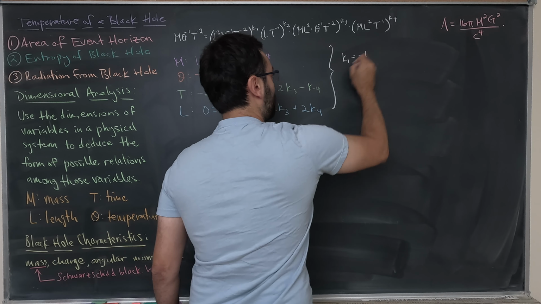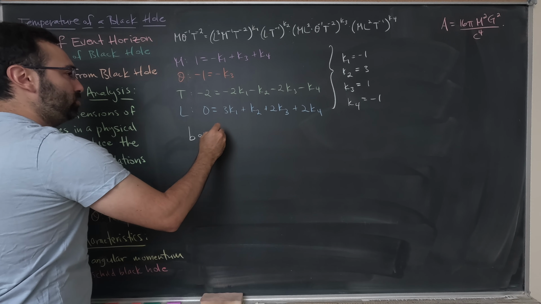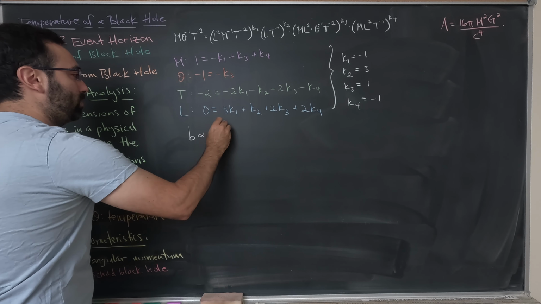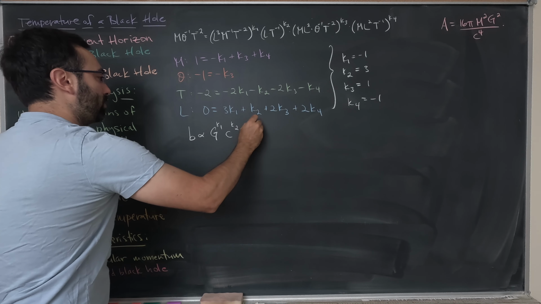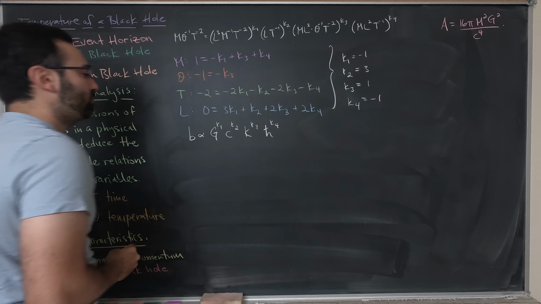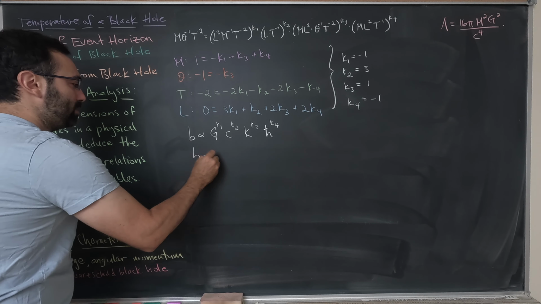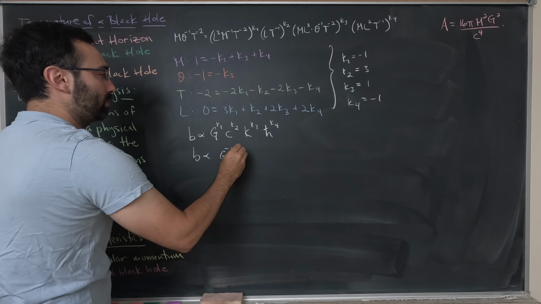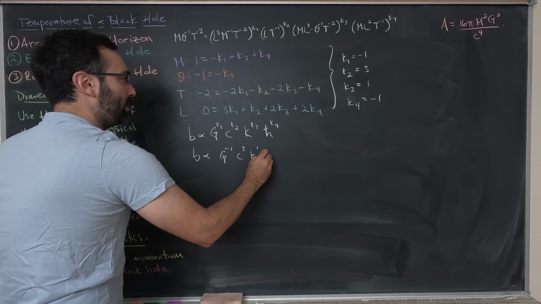So from the previous board, when we had B is proportional to G to the power K1, C to the power K2, K to the power K3, and H bar to the power K4, this tells us then that B is proportional to G to the power negative 1, C to the power 3, K to the power 1, and H bar to the power minus 1.